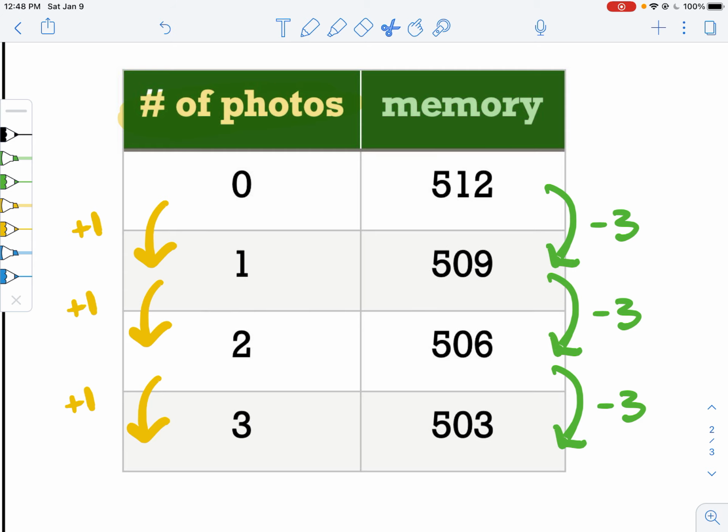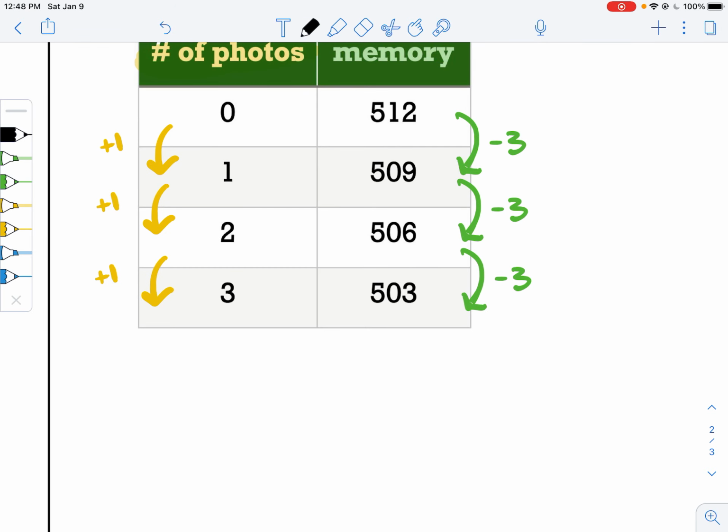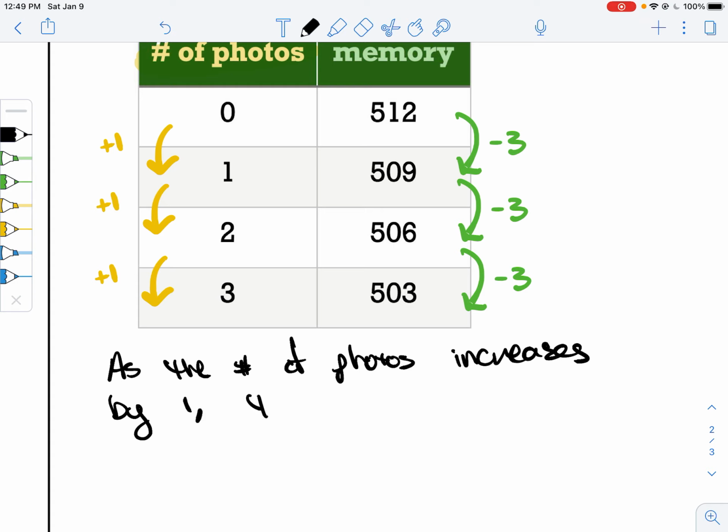Okay. So to put this into words, you would say, as the number of photos increases by 1, the number of megabytes left decreases by 3.